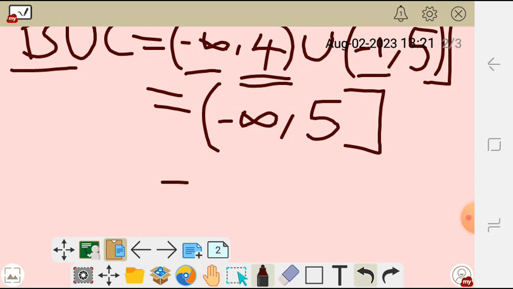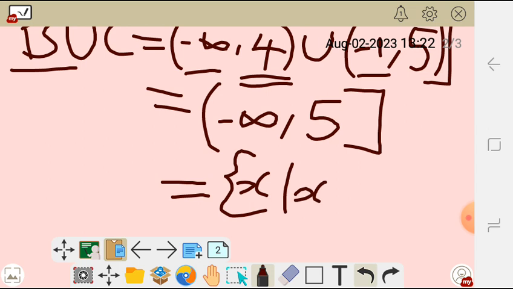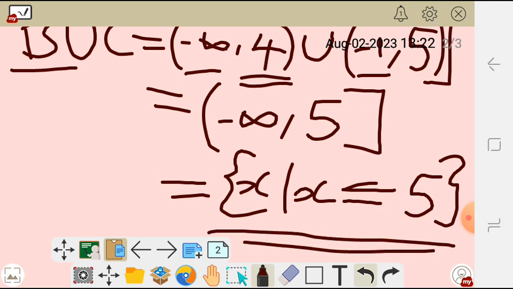So our final answer would be {x such that x is less or equal to 5}. That is the correct answer for B union C.